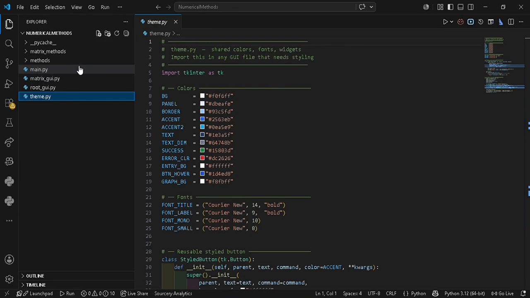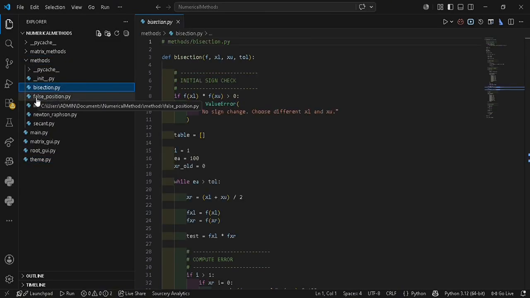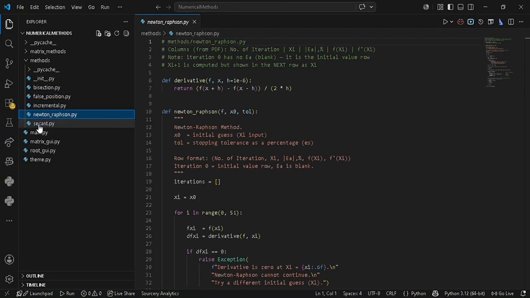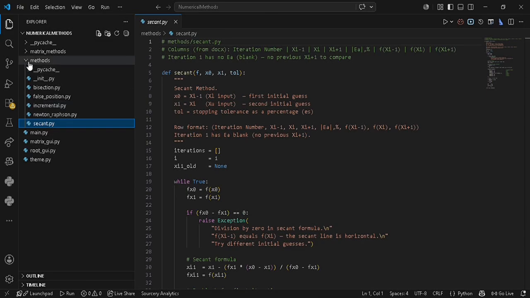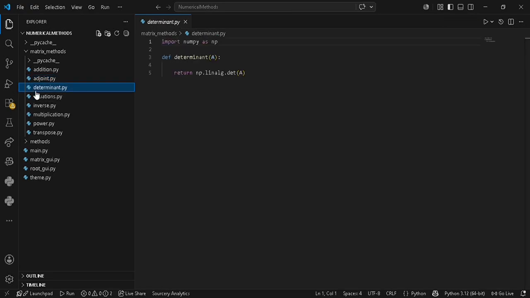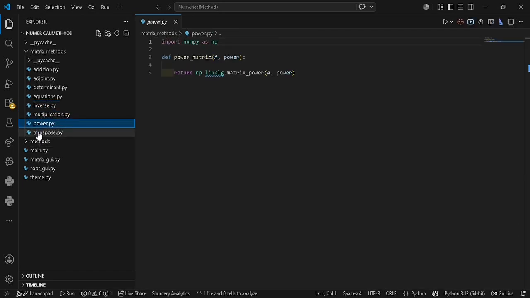rewriting that code. The actual math lives in separate files inside the methods folder, which contains bisection.py, falseposition.py, incremental.py, newtonraphson.py, and second.py, and the matrix methods folder, which contains addition.py, adjoint.py, determinant.py, equations.py, inverse.py, multiplication.py, power.py, and transpose.py.